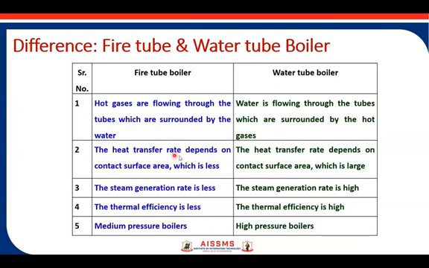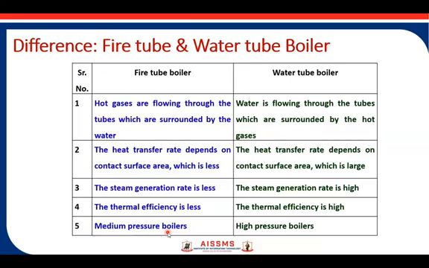In fire tube boiler, heat transfer rate depends upon the contact surface area, which is very less, whereas in the water tube boiler, the contact surface area is large as compared to the fire tube boiler. The steam generation rate is less in the fire tube boiler, whereas for the water tube boiler it is high. Thermal efficiency of fire tube boiler is less, whereas water tube boiler is comparatively on the higher side.